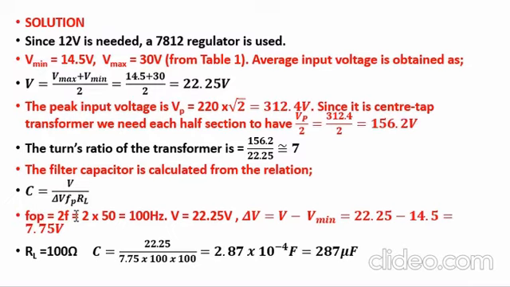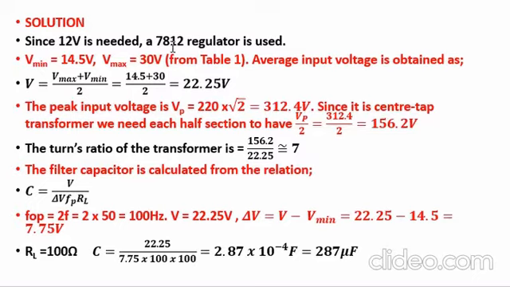And I have already calculated my average voltage here, and delta V is equal to the difference between the V and the minimum. That is 22.25, which we calculated here, minus the minimum for this regulator 7812, the minimum is 14.5 as given in the table. So my delta V is equal to 7.75 volts.